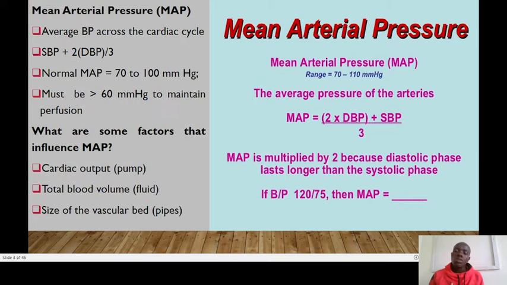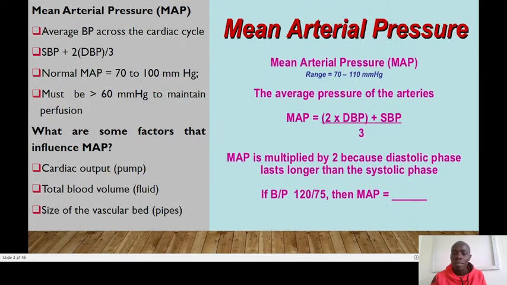The normal range for the mean arterial pressure is between 70 to 100 millimeters of mercury. So for the body's homeostasis to be maintained, the MAP has to be greater than 60 millimeters of mercury.